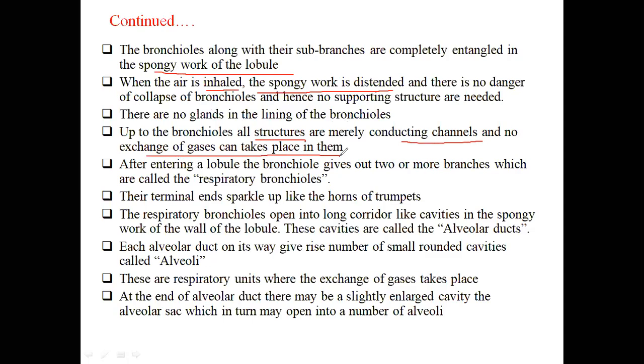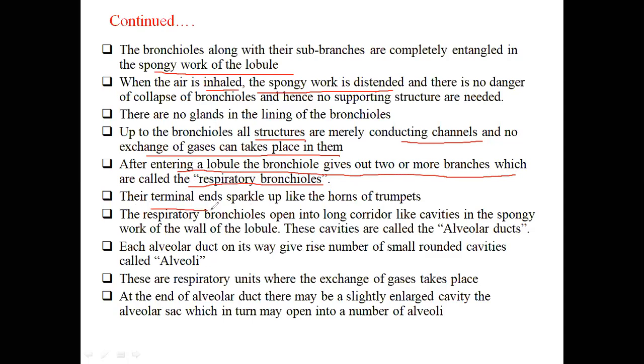So no exchange of gases takes place up to the bronchioles. But after entering, see here, but after entering the lobule, the bronchioles give out two or more branches which are called the respiratory bronchioles, which हे जे bronchioles आहेत ते sac मध्ये enter करतात आणि which is the place for respiration.